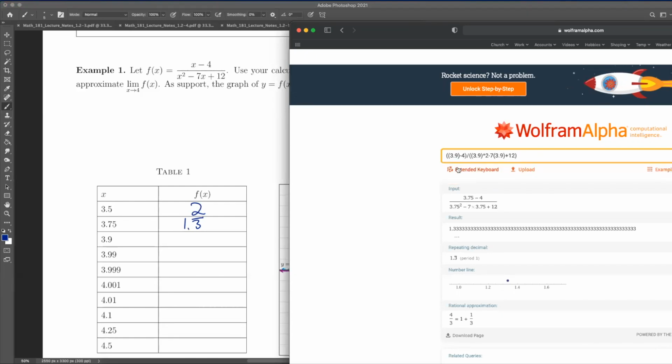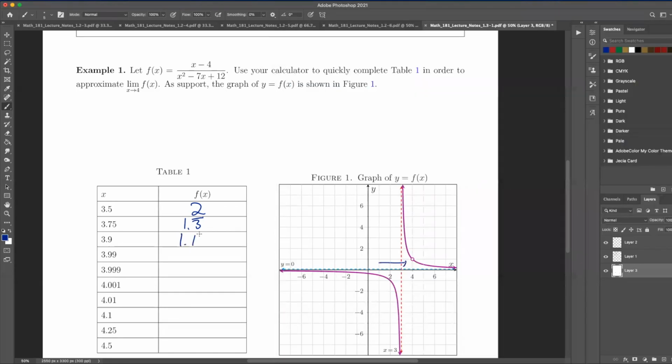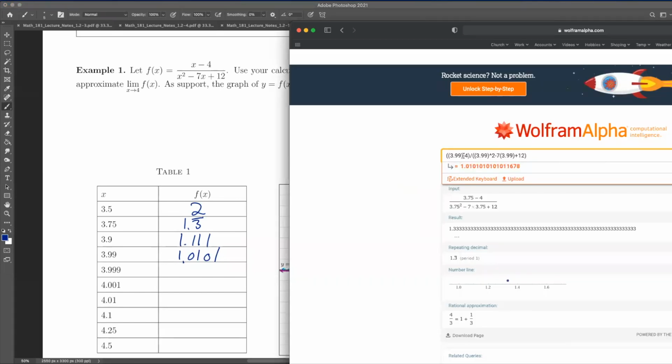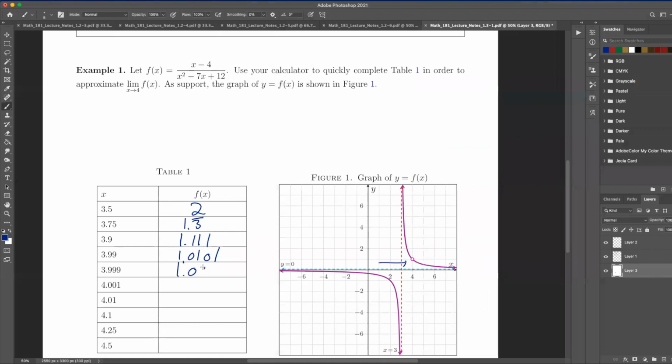Let's do 3.99, and I get 1.0101. And 3.9999, just add one more set of 9s in here. As we notice, as we get closer, this gets really close to 1.